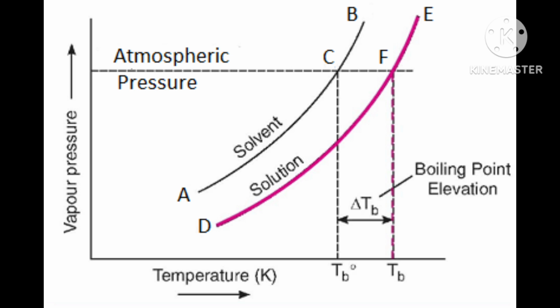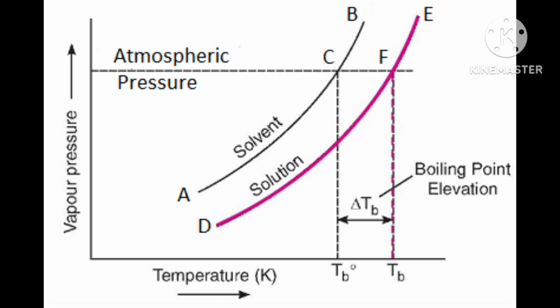Now you can see upside the mole fraction was N2 divided by N1 plus N2. Now in the denominator you can write only N1. So in the numerator only N2 and down only N1, N2 divided by N1.